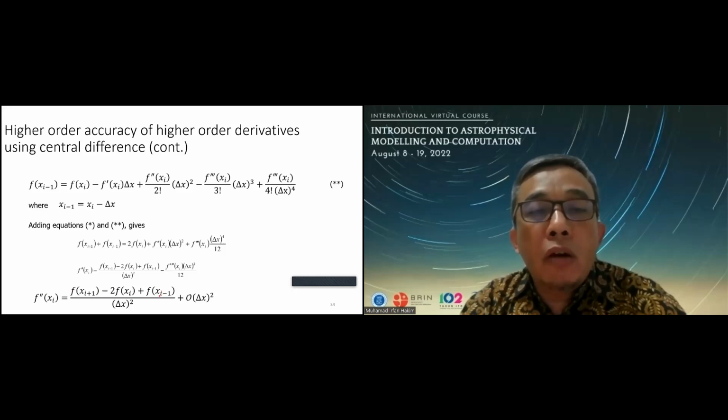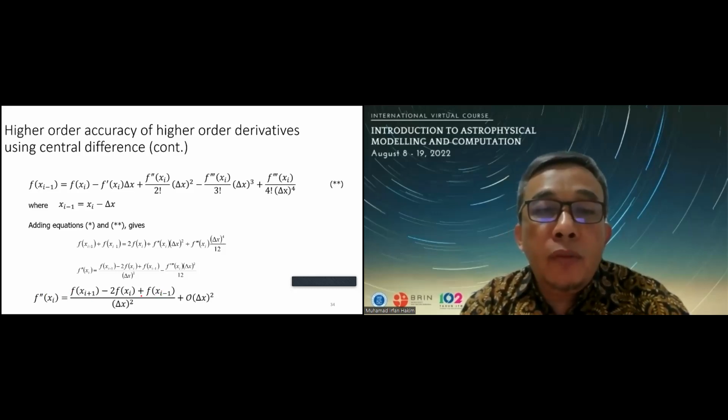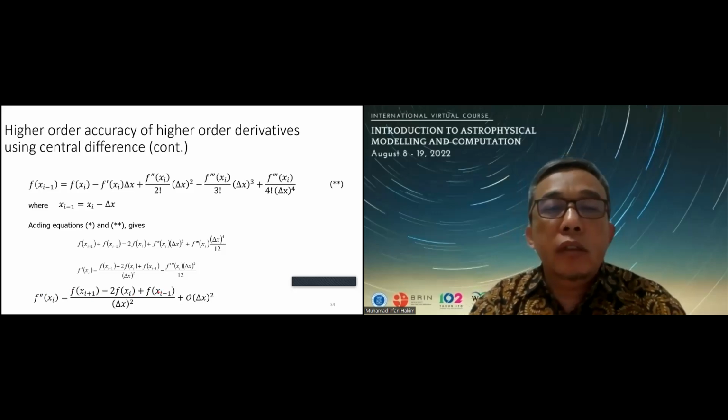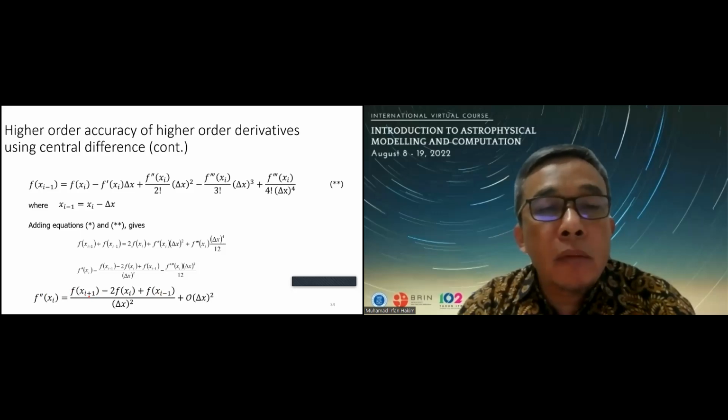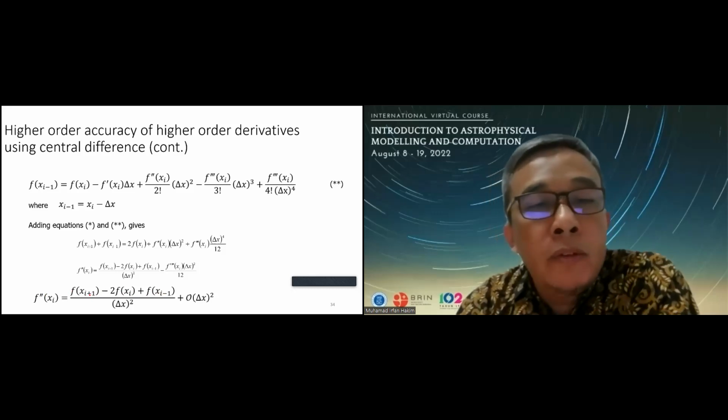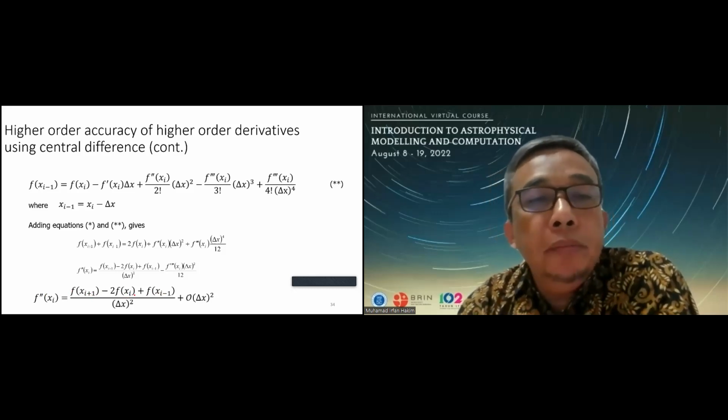We need the value at the left node, one step backward from i, and one step forward from node i.